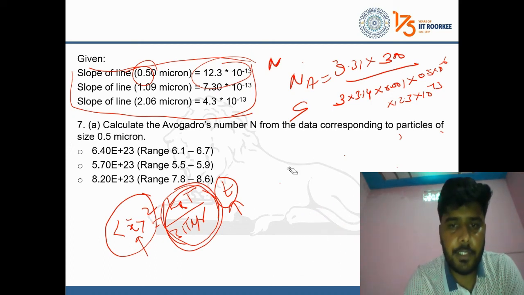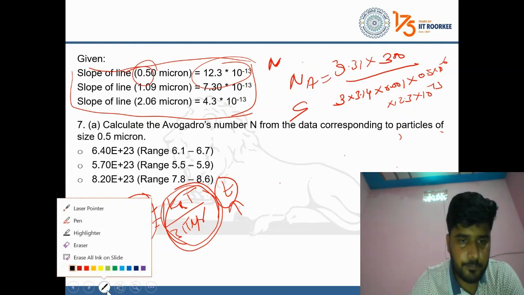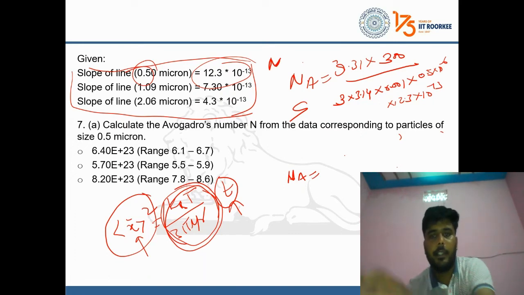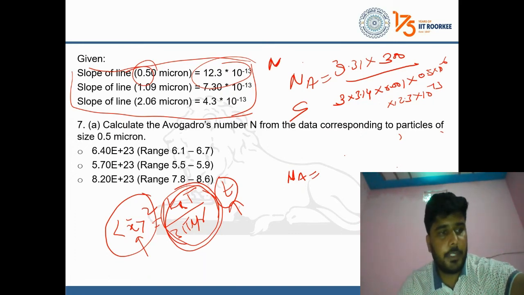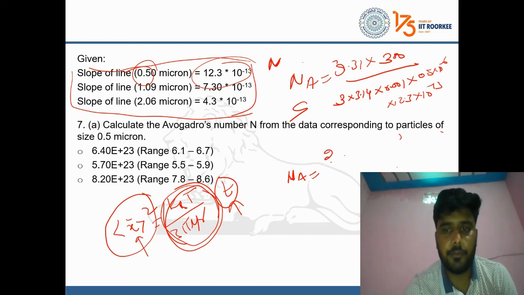After solving, you will get the value of Na. I'm just calculating it. 8.31 multiplied by 300 is 2493.